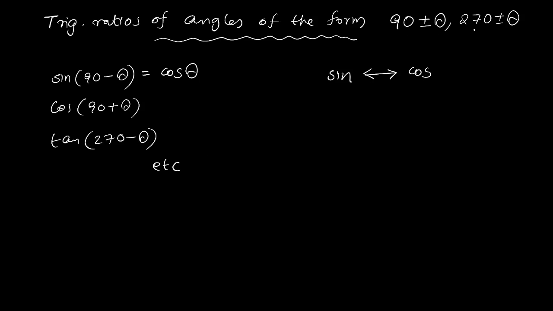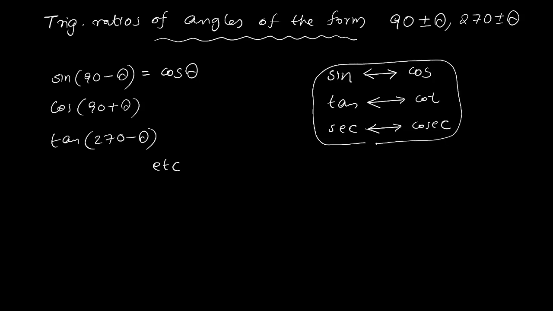For this type of angle, sine becomes cos, cos becomes sine, tan becomes cot, cot becomes tan, sec becomes cosec, cosec becomes sec. But the sign depends on the quadrant. You must write the sign, plus or minus.